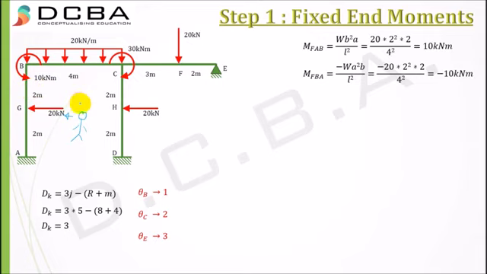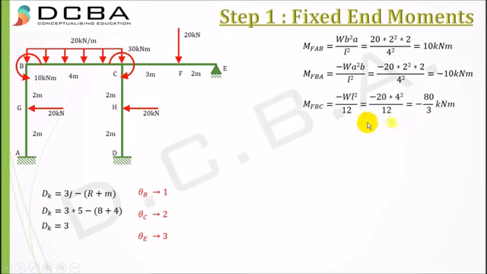When you are watching BC, B is the start point and C is the end point. Here C is the start point, D is the end point, so this will be A and this will be B. When you come here, you are watching it like this. Now you don't have to watch this member again because you have already seen it from this side. So C is the start point and E is the end point.